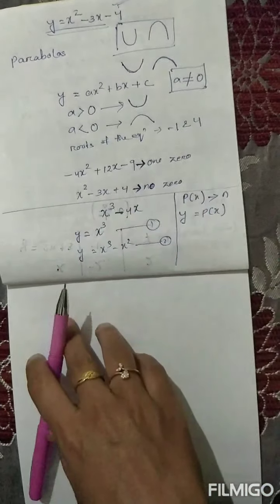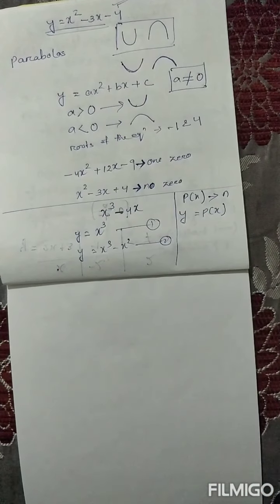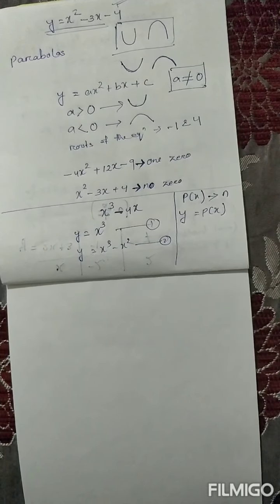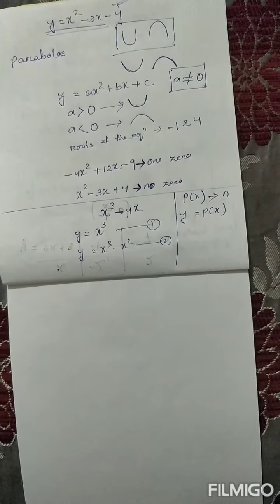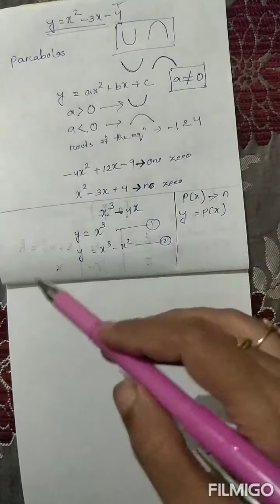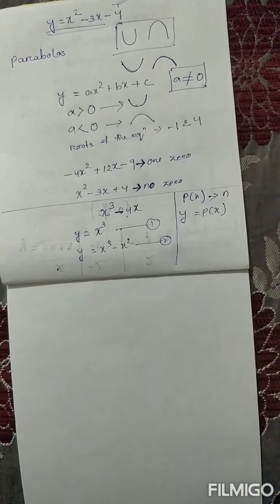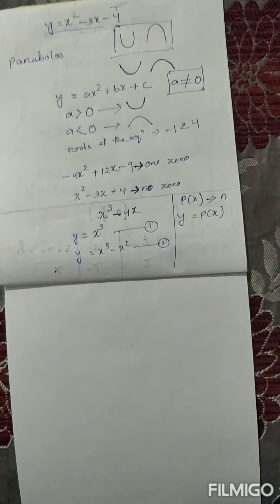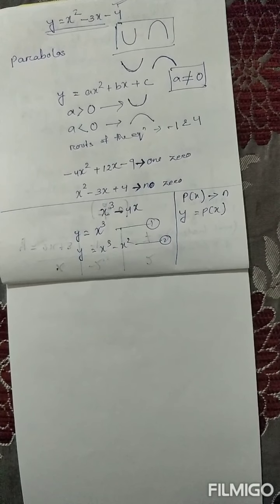That's why you find maximum 3 zeros. If the degree is n, the graph will intersect the x-axis at maximum n points. So by this we have concluded exercise 2.1, and it's very easy. We just have to find out how many zeros are present in the graphs. Okay, thank you.